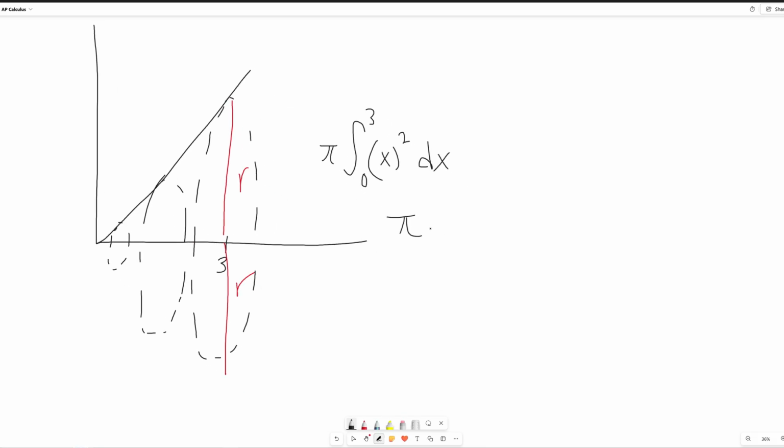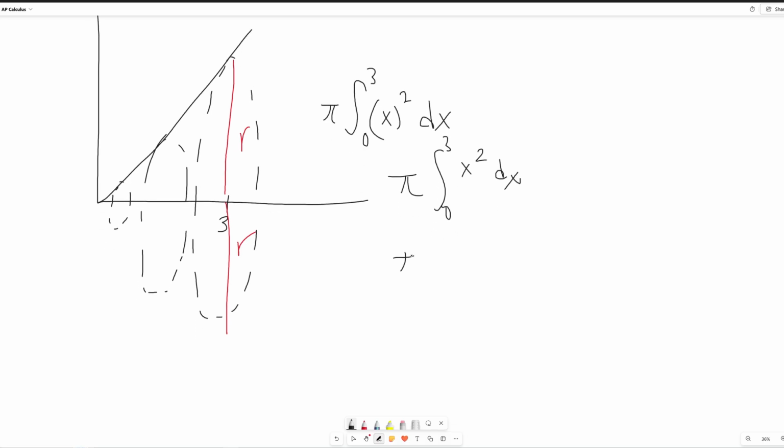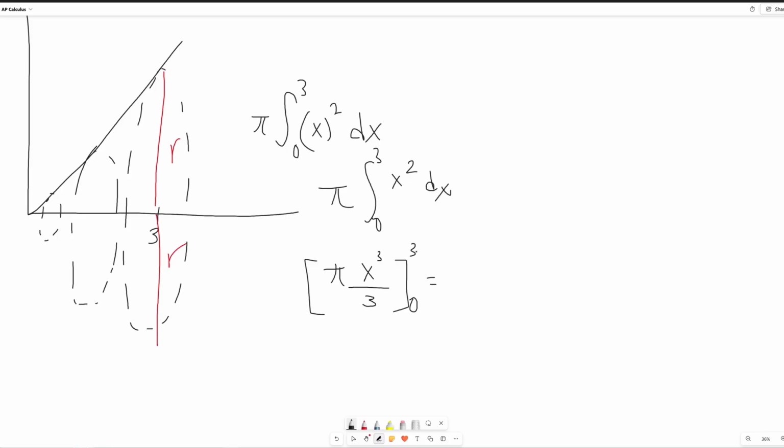So now pi integral 0 to 3 x squared dx. Pi x cubed over 3 between 0 and 3, and that's going to end up giving 9 pi.